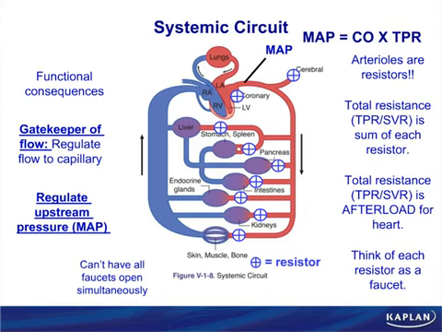So think of all of these little arterioles in each vascular bed as representing a faucet. The heart or the brain, for example, or the kidney, think of them as grocery delivery.